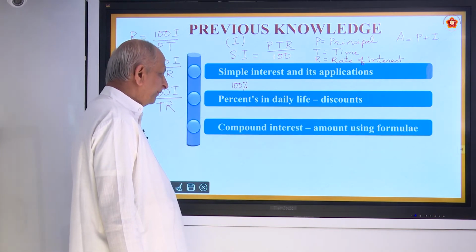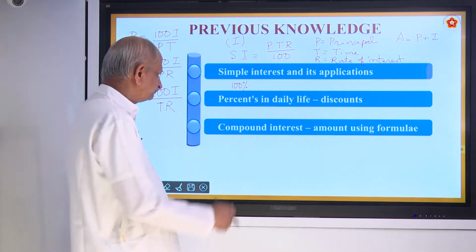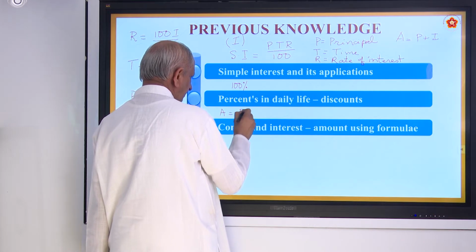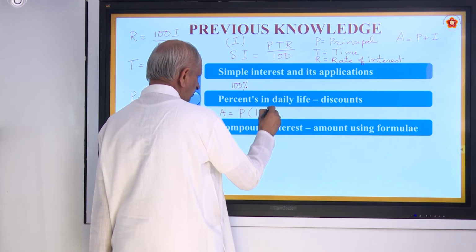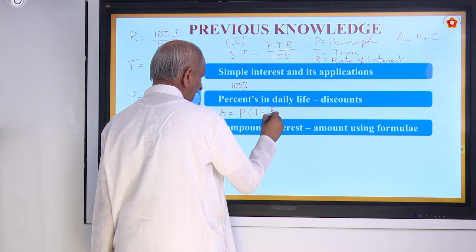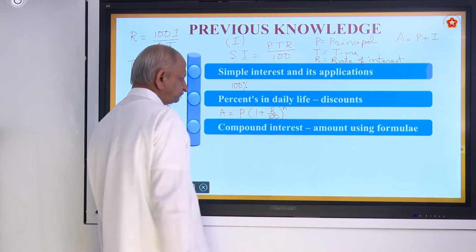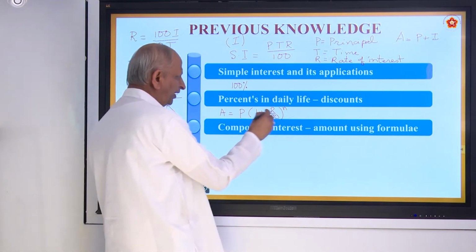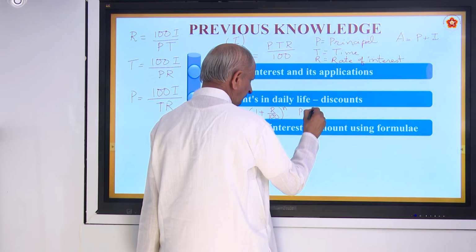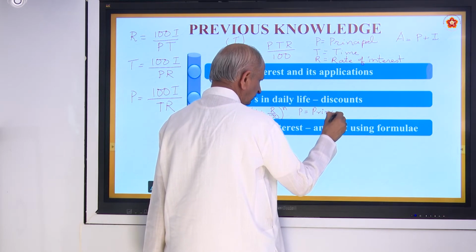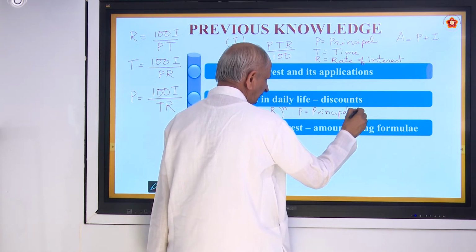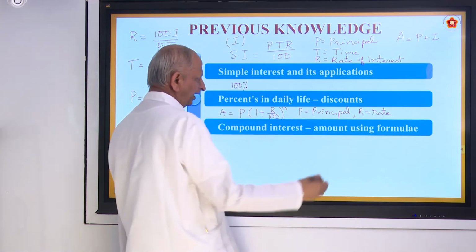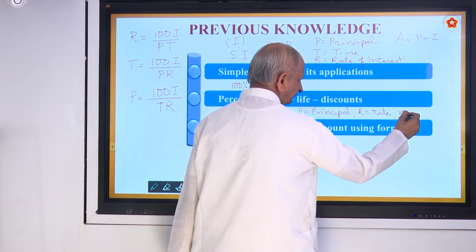And one more thing is compound interest. Interest on interest. The formula is A is equal to P into (1 plus R by 100) to the power of N. That is the formula for compound interest, where P stands for principal, R stands for rate of interest, and N stands for years.